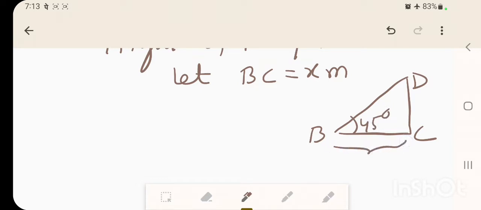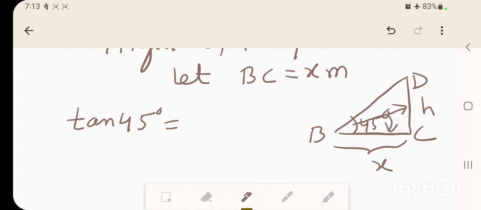Now BC we are taking as X, and CD which we have assumed as H. Now we can take tan 45 degrees, the ratio tan 45 is opposite side length divided by adjacent side length. The opposite side is CD, divided by the adjacent side BC.